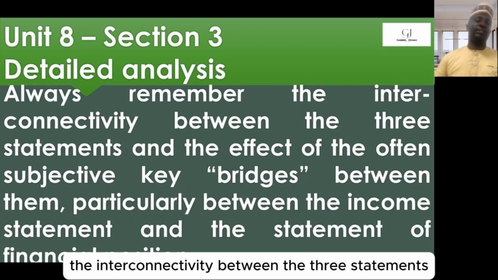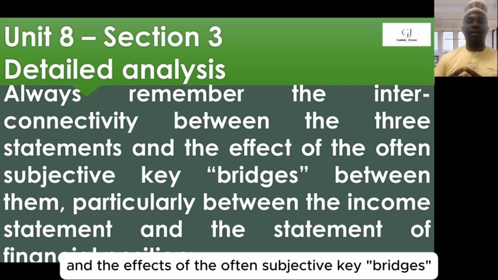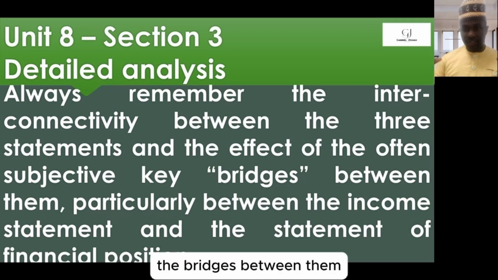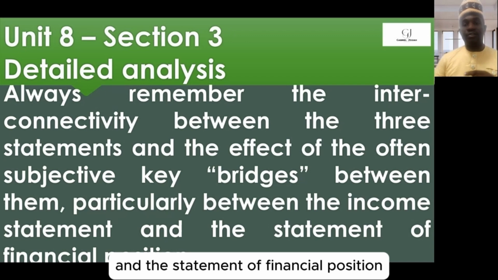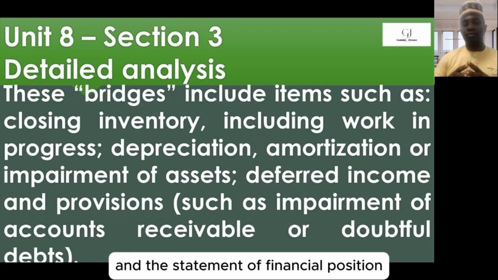Always remember the interconnectivity between the 3 statements and the effects of the often subjective key bridges between them, particularly between the income statement and the statement of financial position.